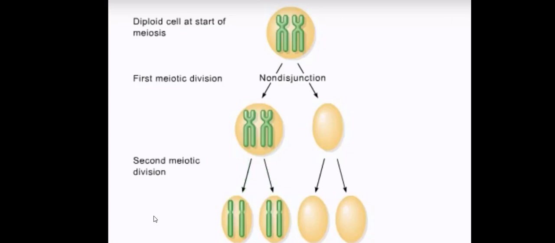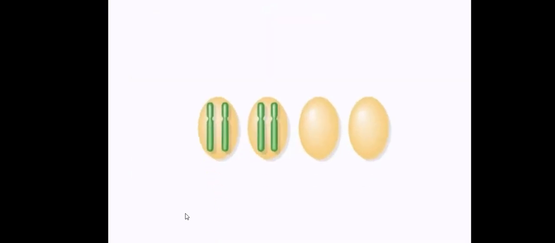These are 4 haploid gametes. All of these cells produced are abnormal for this chromosome.